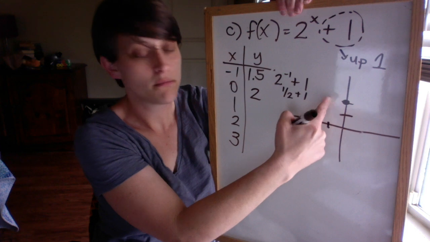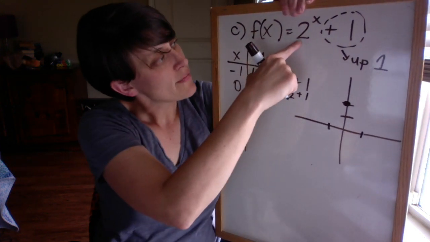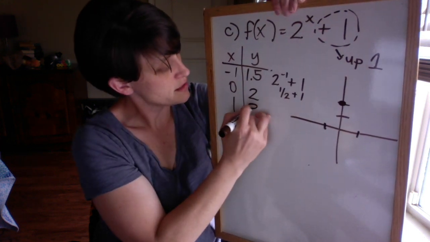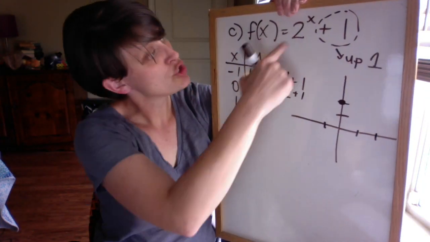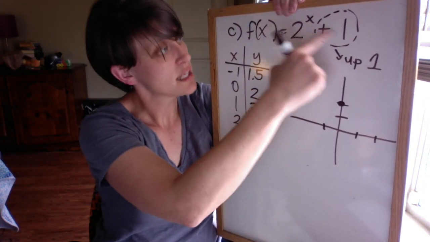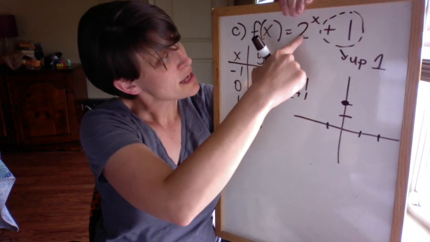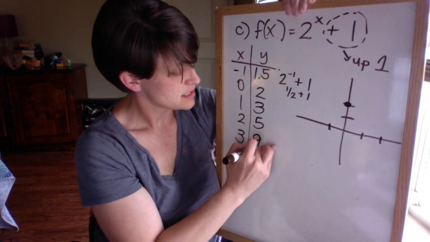We've already got that one plotted. Okay, let's do a 1. If we put in a 1, that'll be 2 to the 1. That's 2. Plus 1 is 3. Put in a 2. That'll be 2 to the 2nd, it's 4, plus 1 is 5. Put in a 3, and we have 2 to the 3rd, that's 8, plus 1 is 9.